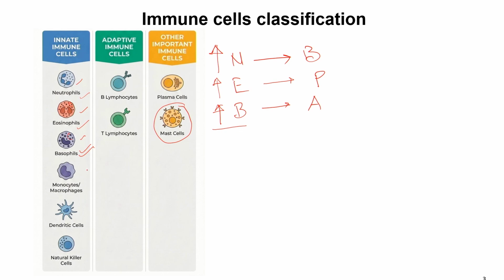And then we have three other cells called monocyte, dendritic cell and natural killer cell. These are always present as a part of the innate immune system. So when we talk about the innate immune system, we have to understand that these cell populations are invariably present in the human body even without exposure to any entering pathogens.